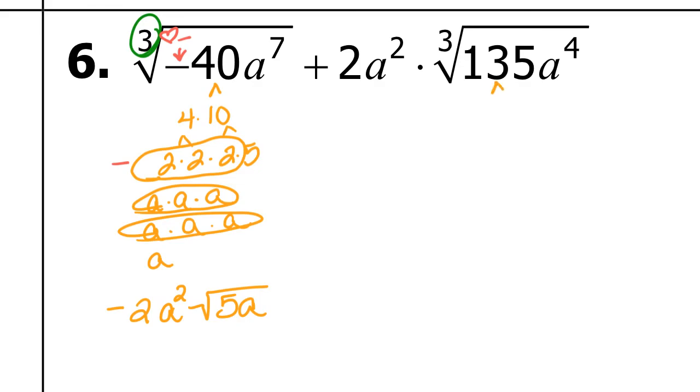If I come over here on the right hand side to my second term and I begin to break down 135, it ends in a 5, so I know that it's got a factor of 5, so 5 times 27. If I break down my 27, it can break down into 3 times 3 times 3 with 4 a's. And I am looking for triplets.